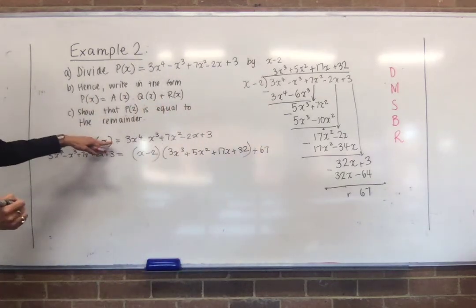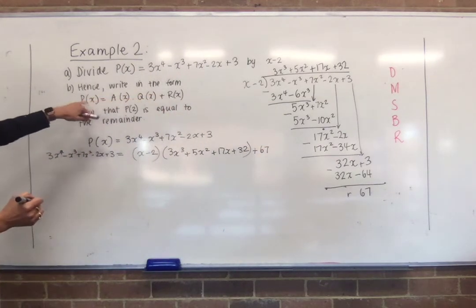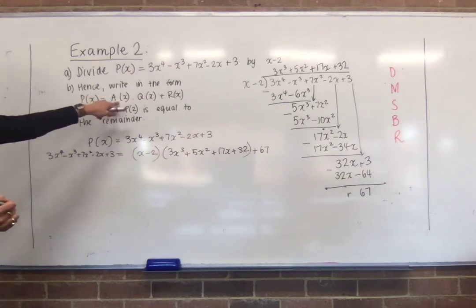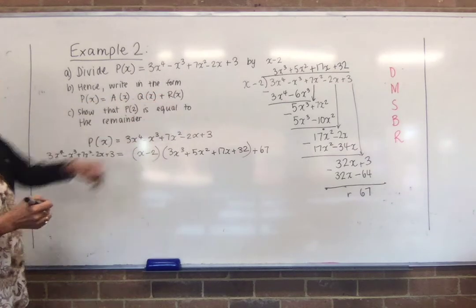So we can write it in this form: our polynomial equals our divisor times our quotient plus our remainder.